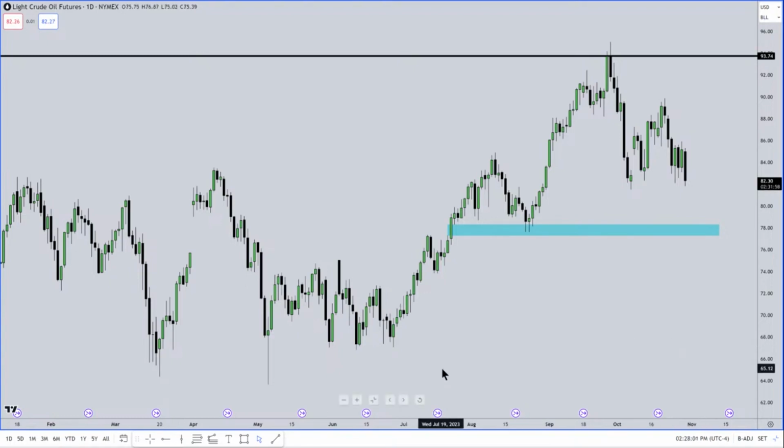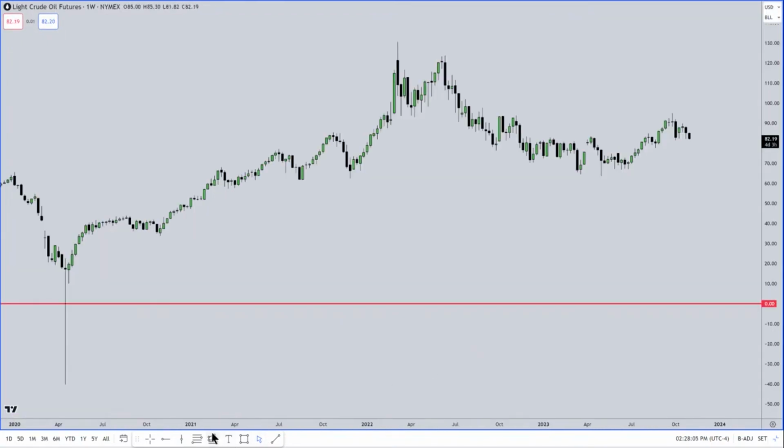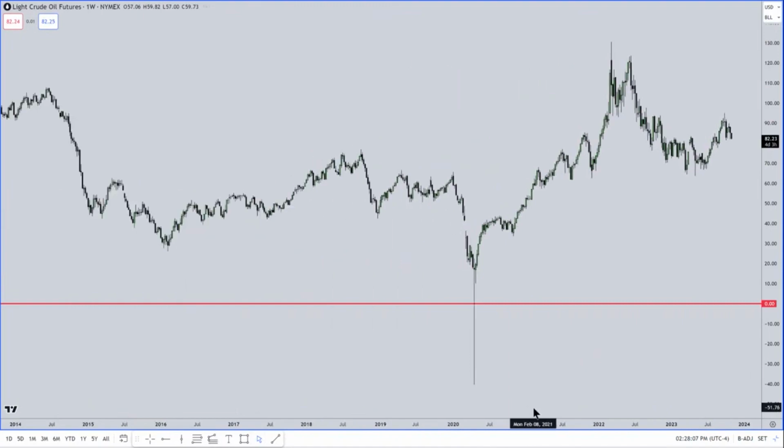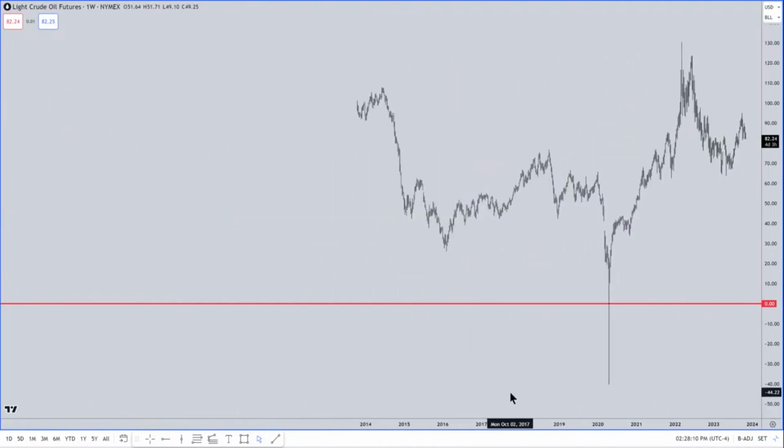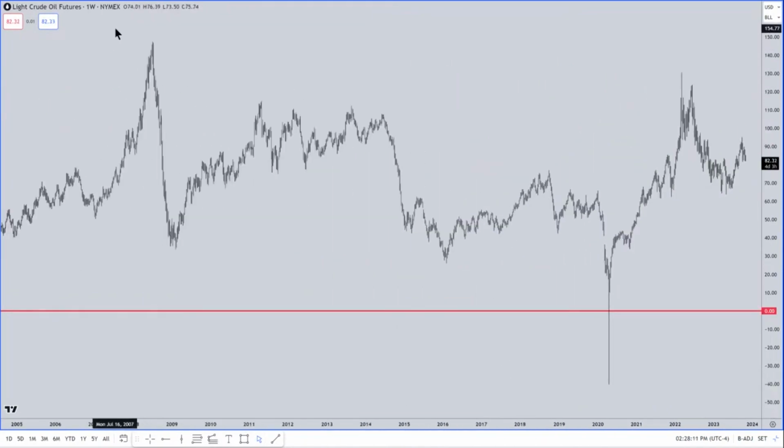If we do see oil go up, I'm going to go up to a weekly chart for this. If we see oil rise on the basis of those types of things, this high back here, they're going to smoke through that. It'll rip right through that. Now, why would they want to do this?